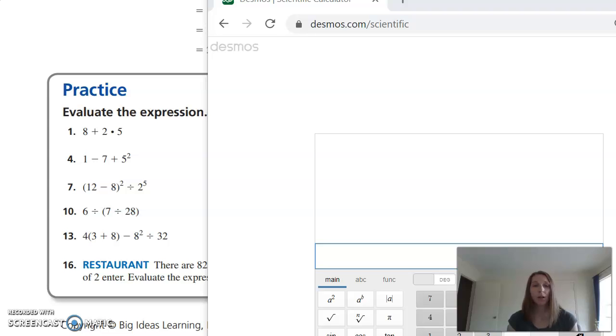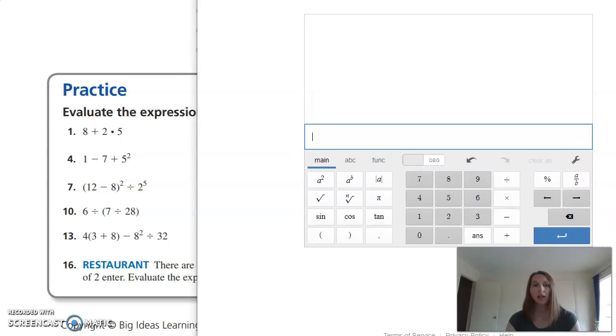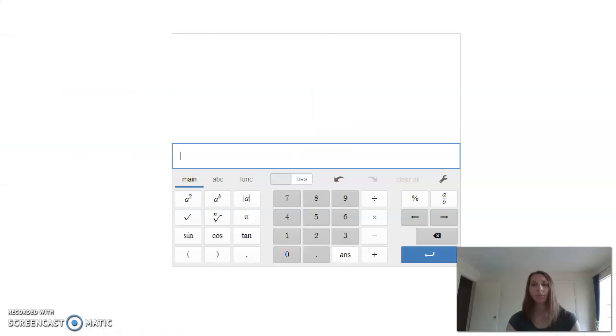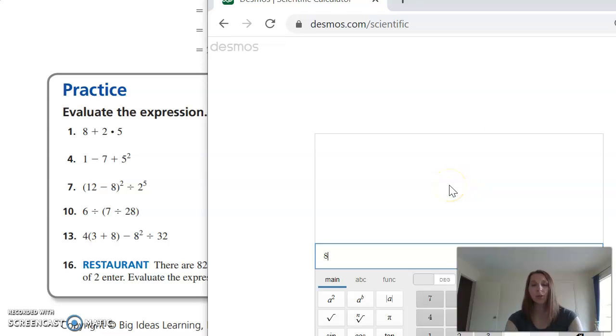For number 1, we can just start right in and put it into the calculator how it is written. 8 plus 2 times 5.